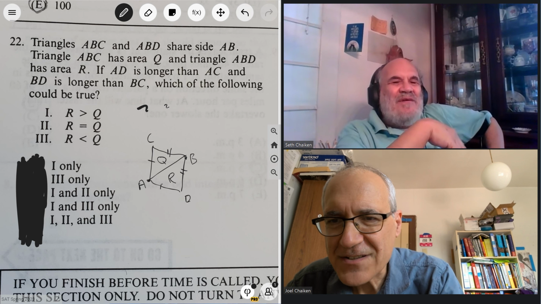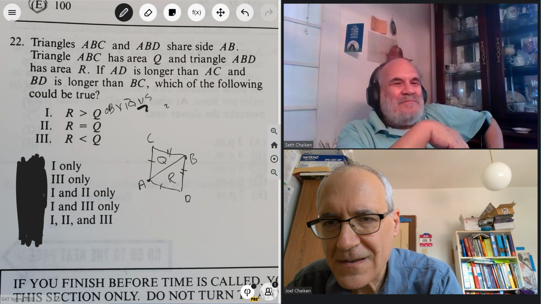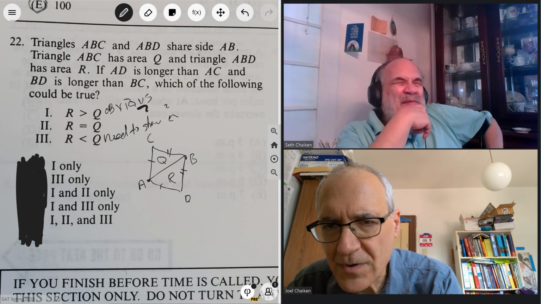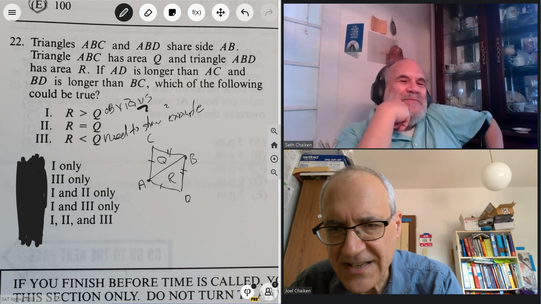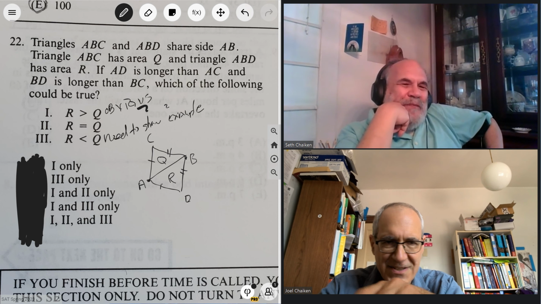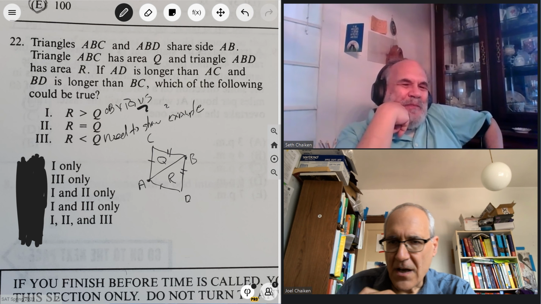This is obvious. We need to show an example where R is less than Q. I'm sorry for everyone who actually survived this far, but I think I mislabeled R and Q. But in the end, it really doesn't matter.